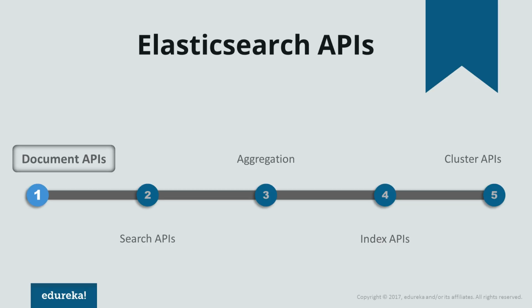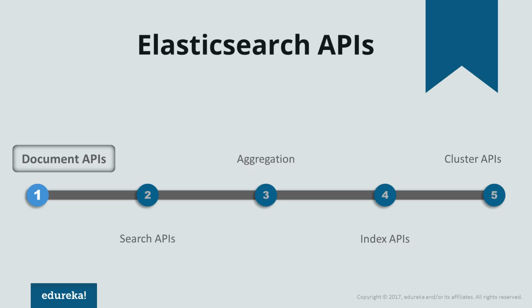If you would ask me what these APIs are, I would like to give you a little bit of information about them. Let me go back to the slide. Document APIs are those APIs that perform operations at the document level. So if you want to perform some operation at the document level, you can do that with the help of document APIs.